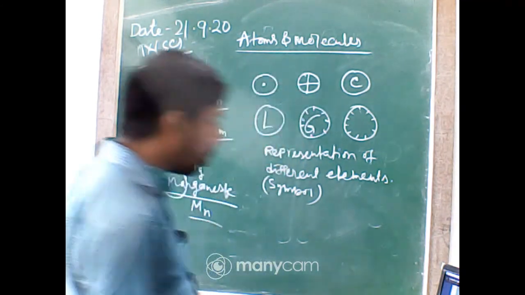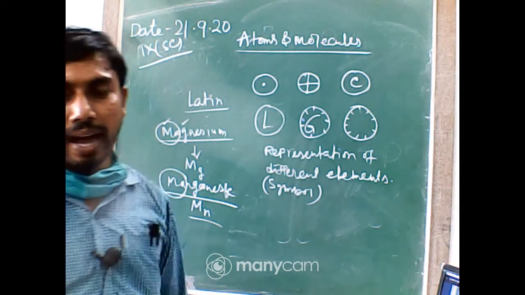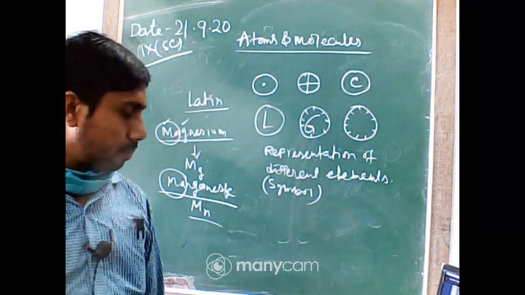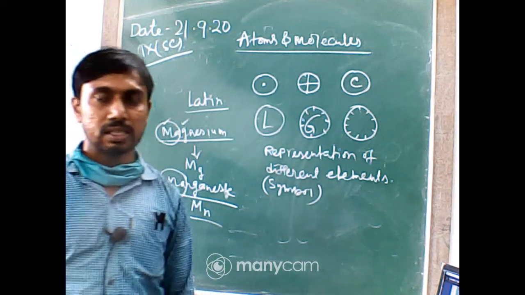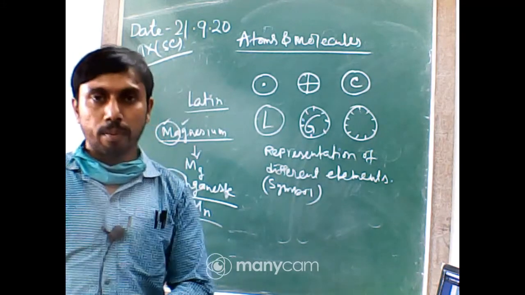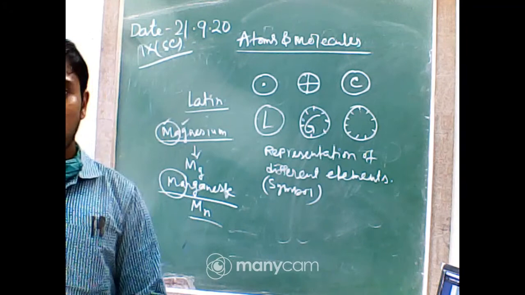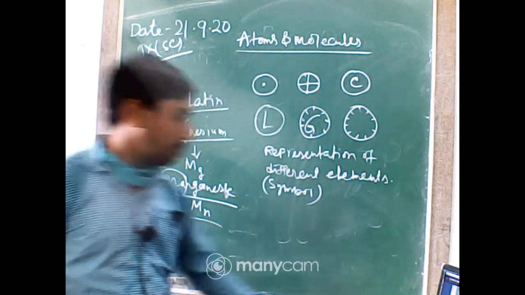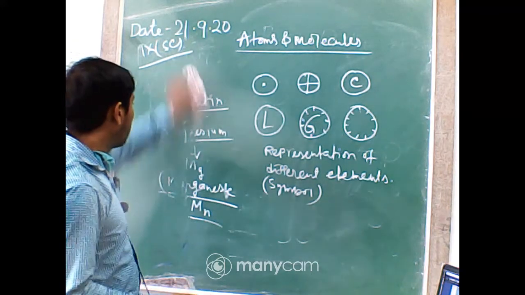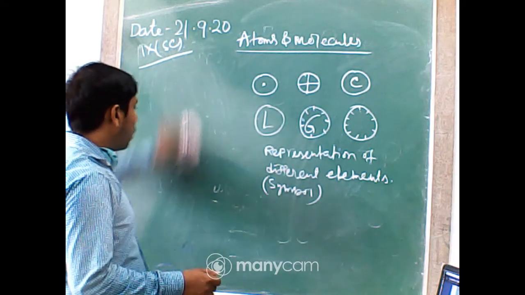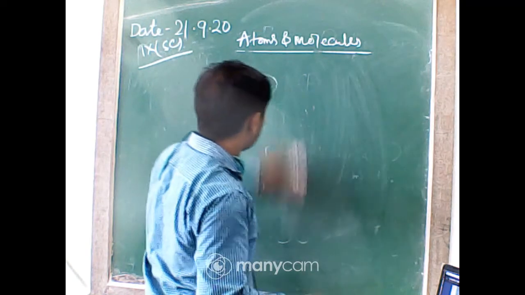So what is a symbol? A symbol is the unique representation of an element, and it is given by IUPAC. I have told you earlier that IUPAC is the recommendation authority which authorizes the symbols and also the names of different organic and inorganic compounds. So this is the symbol.